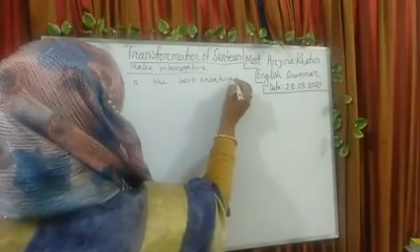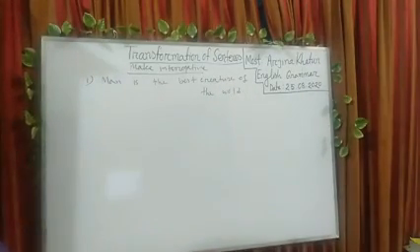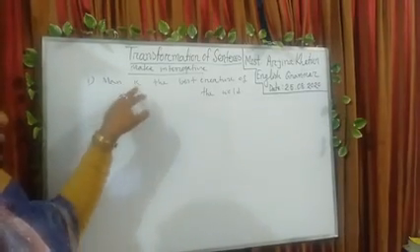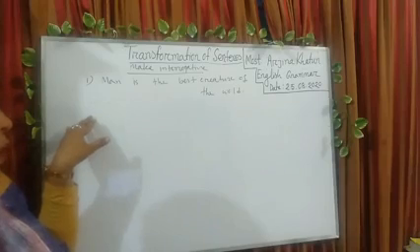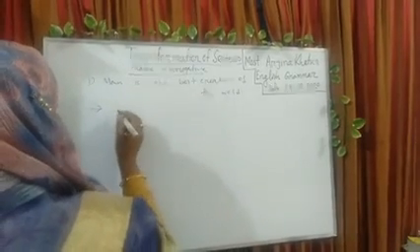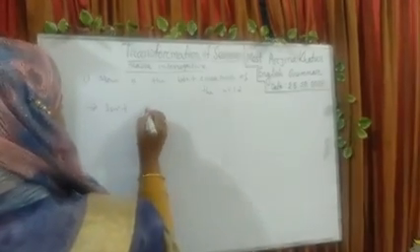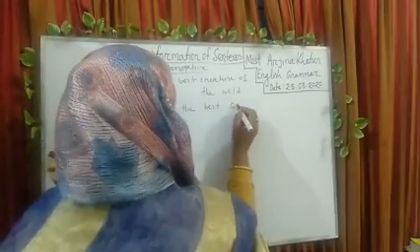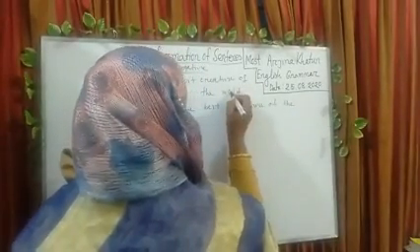If we make an interrogative sentence, first we use the helping verb. Is is the helping verb in the sentence. When we use is, we use isn't. Isn't man the best creature of the world?